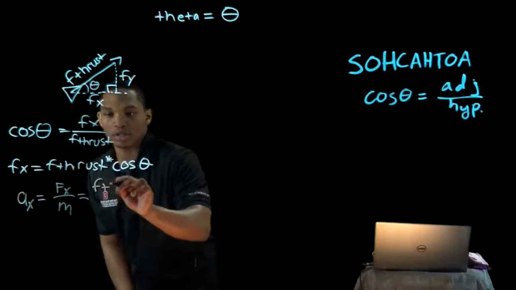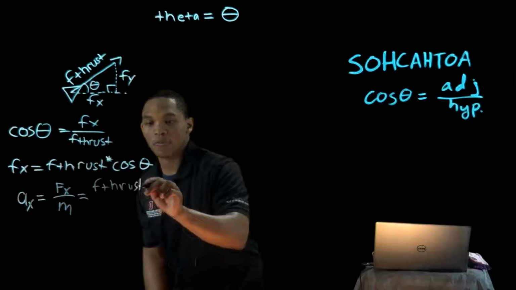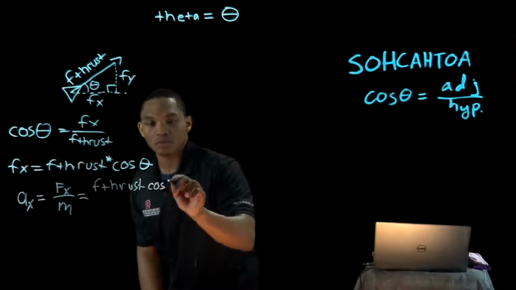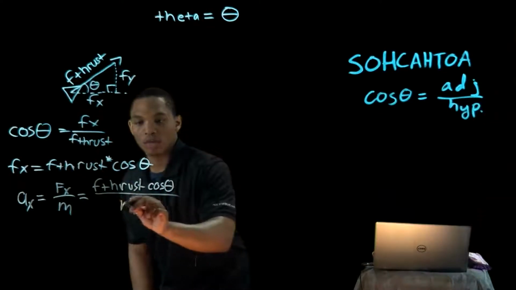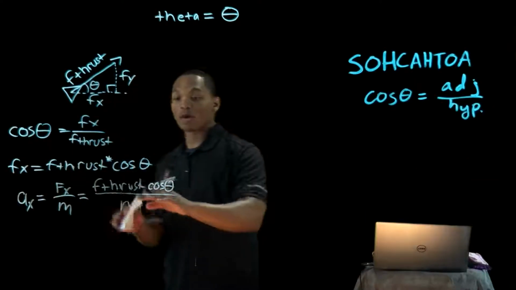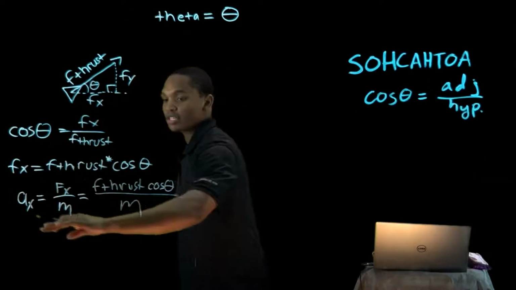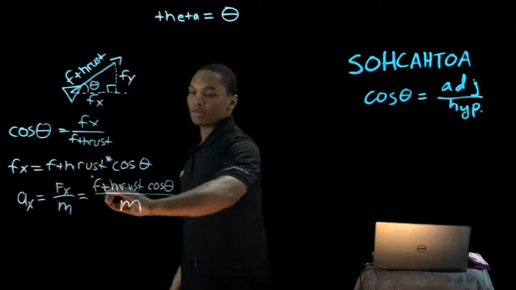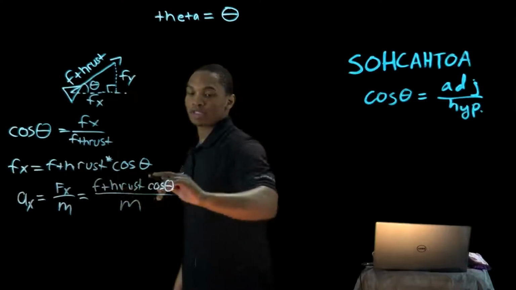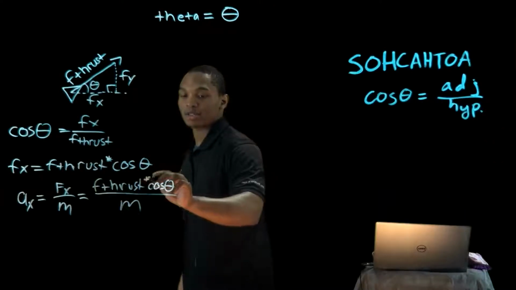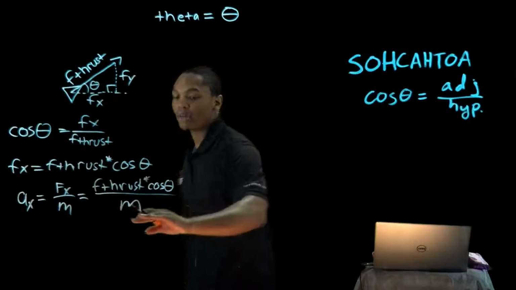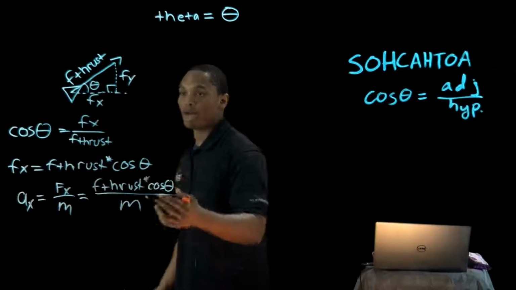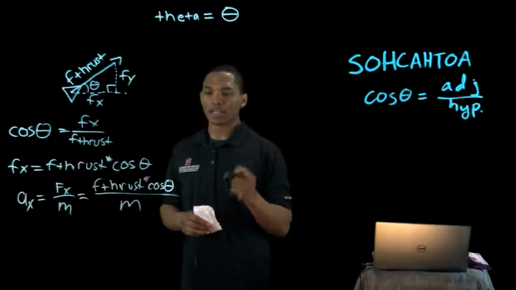And this is our line of code. We got our acceleration x, which is equal to F thrust times cosine of theta divided by m, which is our mass. We learned that back in the earlier lesson.